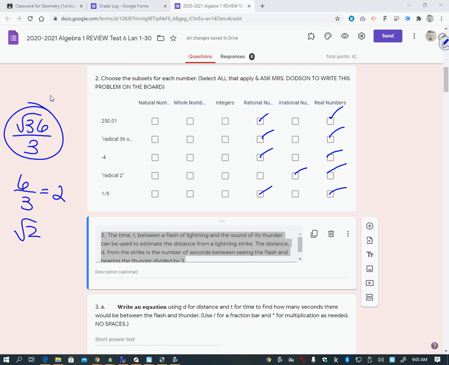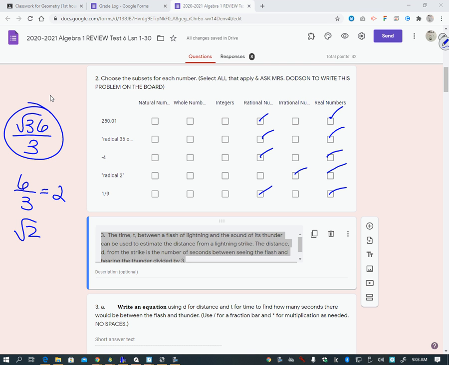Now, let's look at integers. Integers can be negatives, 0, and positives, right? But they're not going to be fractions, are they? Okay, so we're looking for nice, neat, whole numbers, but we also get the negative side of it.